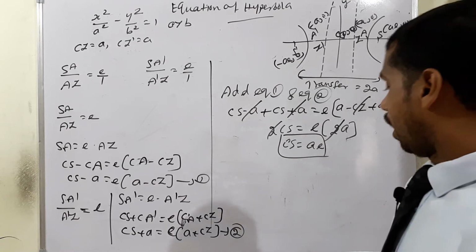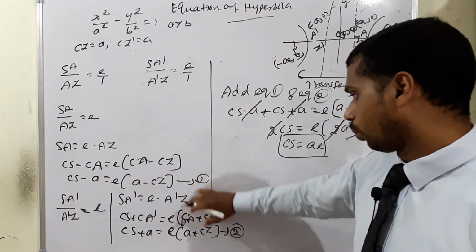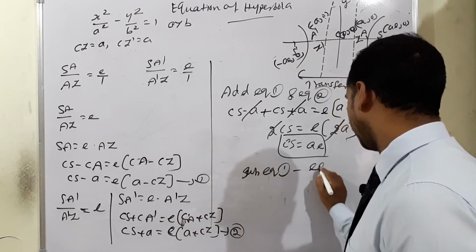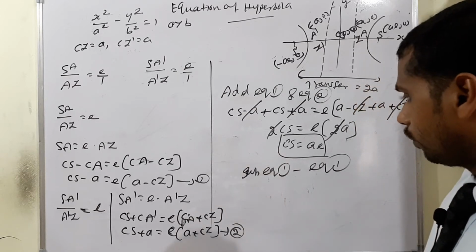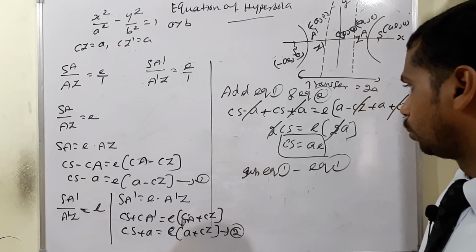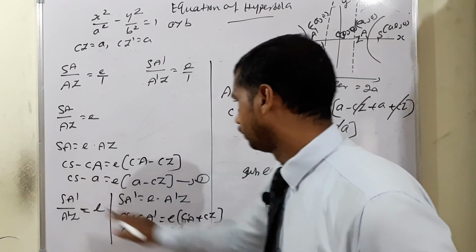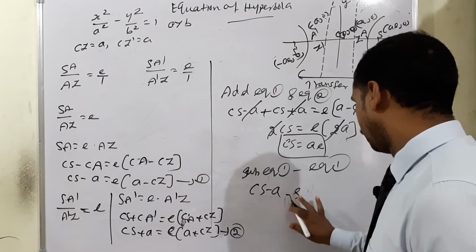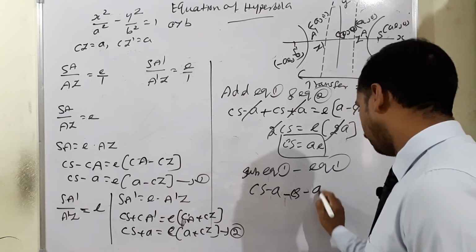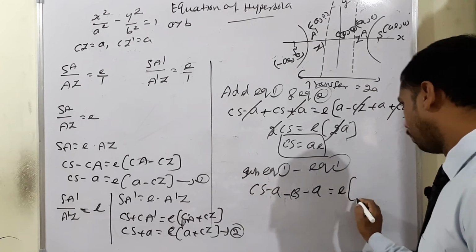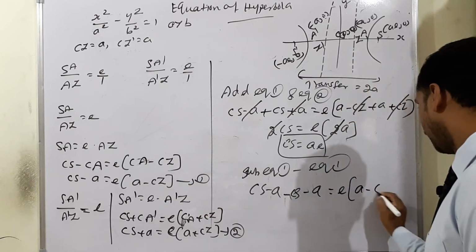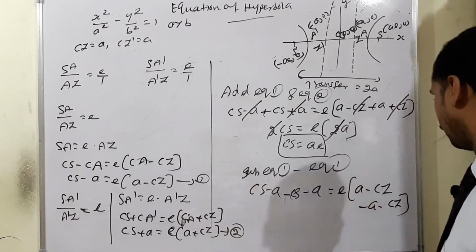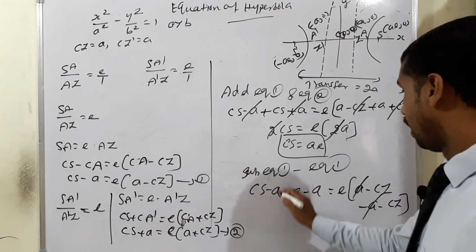Now subtract equation 1 minus equation 2. Equation 1 is CS minus A, minus equation 2, CS plus A, equals E common outside, A minus CZ minus A plus CZ.